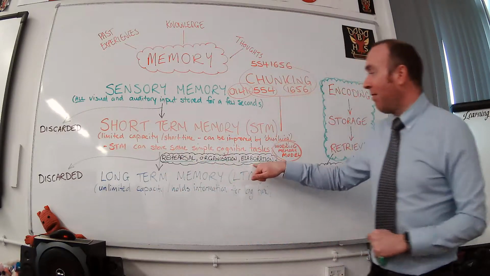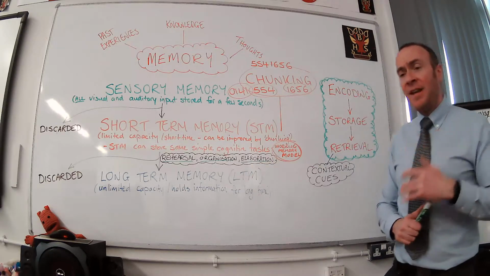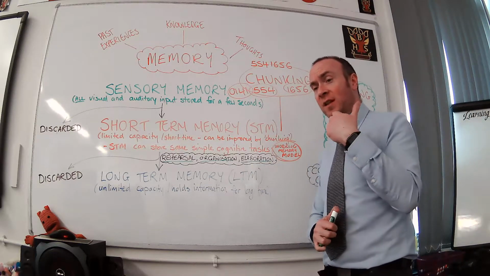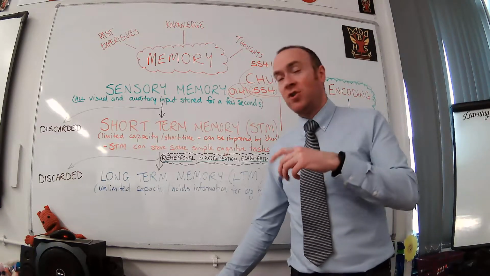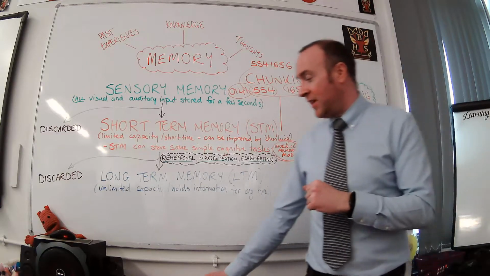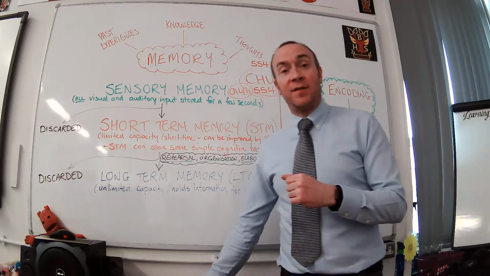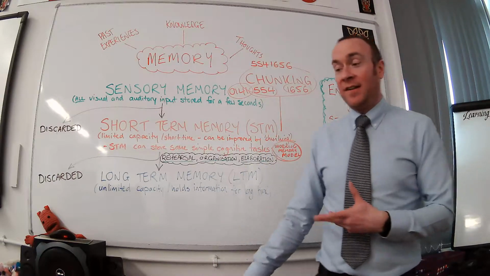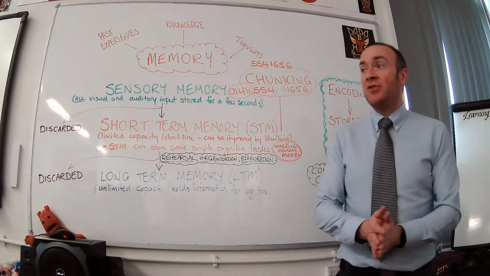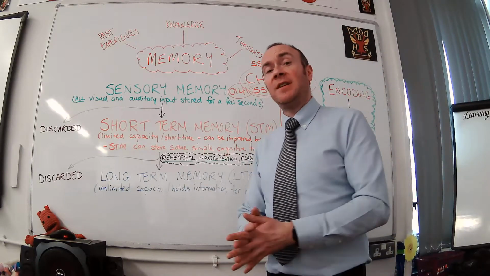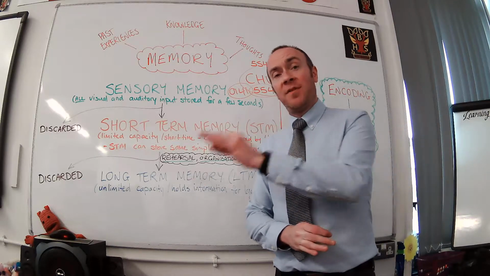And then you also have elaboration. And elaboration is a fantastic way of remembering things. One of the strategies, if you're trying to remember somebody's name, for example, if you're introduced to 3 or 4 different people at the same time, it's very, very easy to forget all of their names. In fact, it's more than likely you will forget all of their names. One of the ways you can improve your chance of remembering somebody's name is if you remember something about them.